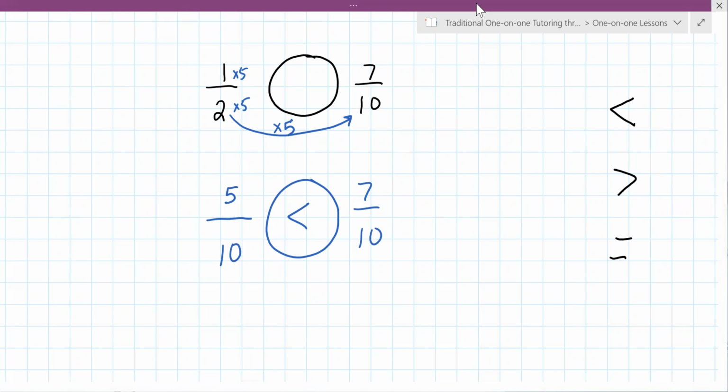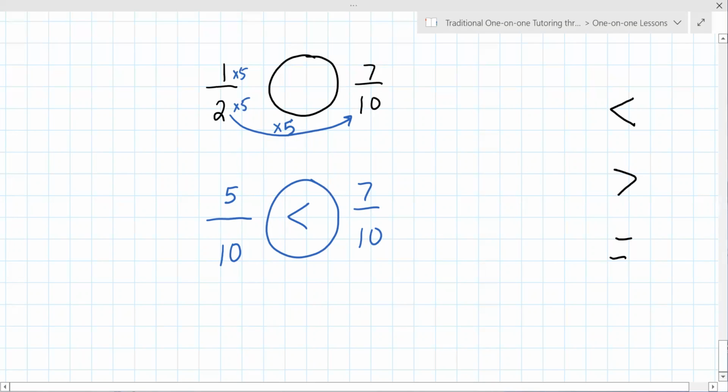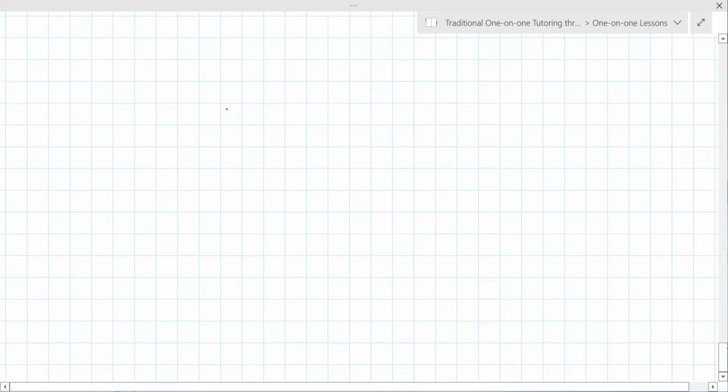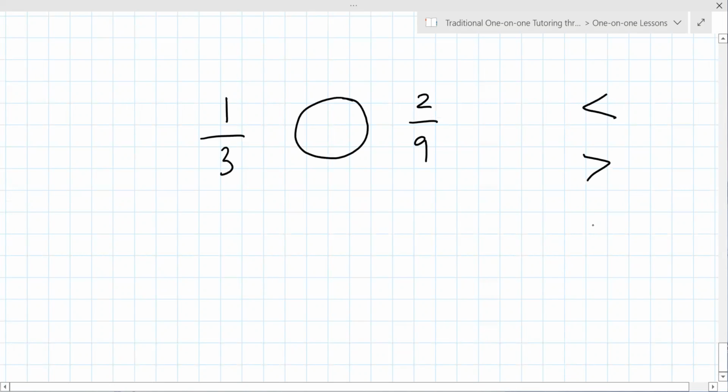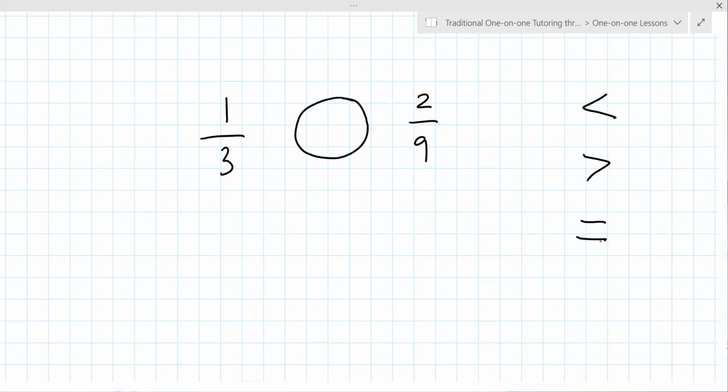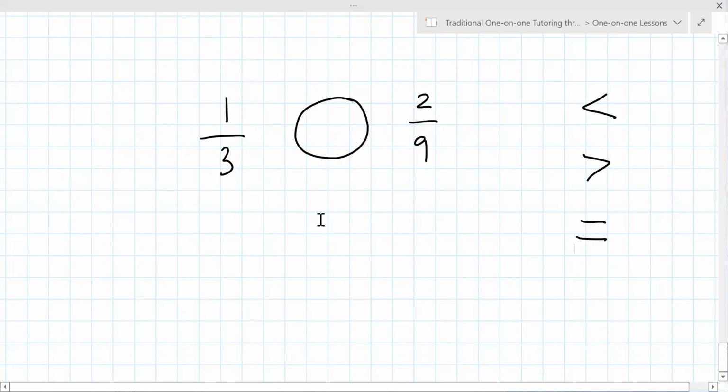Okay, so let's look at another one here. It's just like the previous problem, just different numbers. So how do you go from a 3 to a 9? How do you go from this 3 on the left to this 9 on the right? 3 times.